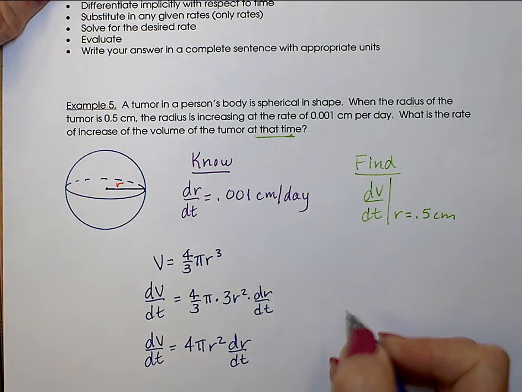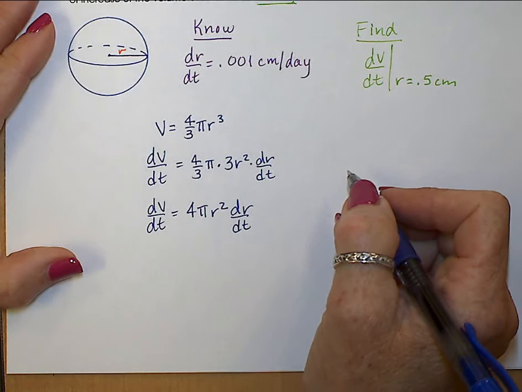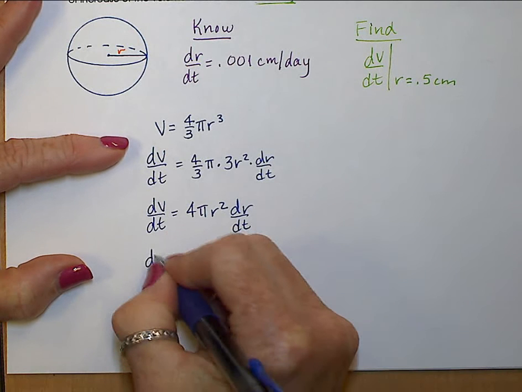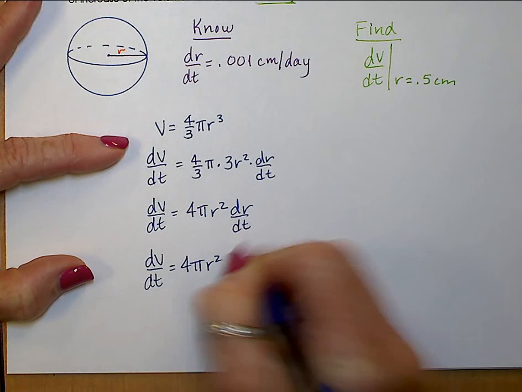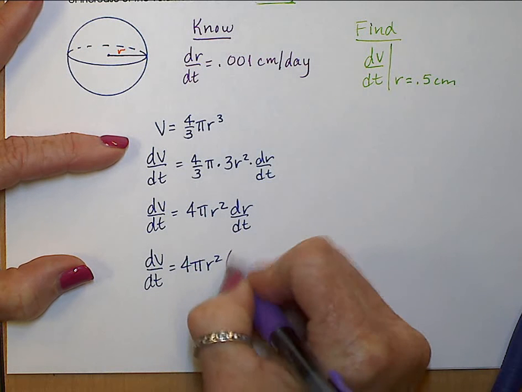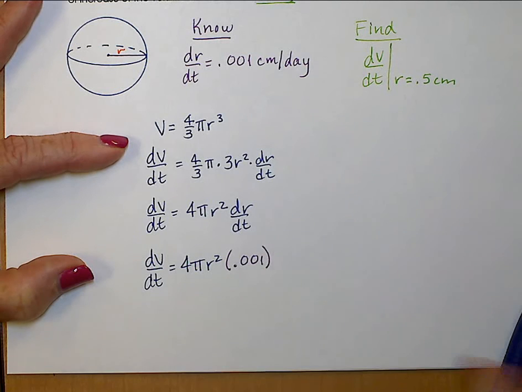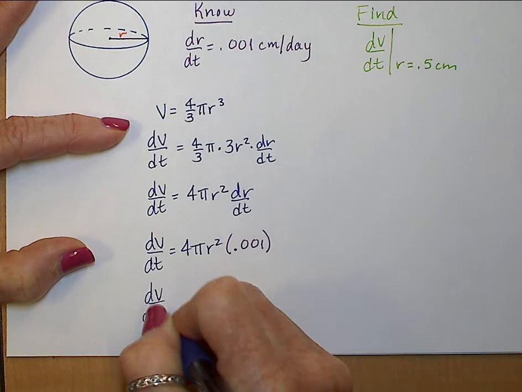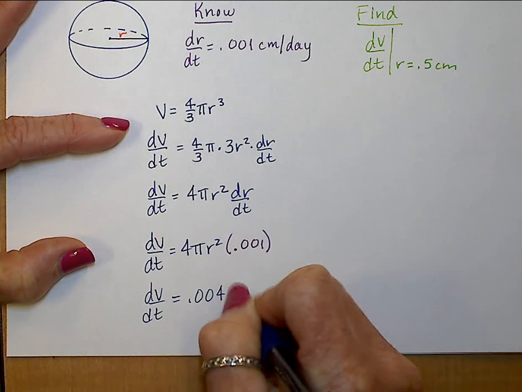Now substitute in any rates and only sub in the rate that you know. dV/dt is 4 pi r squared times dr/dt, that rate we knew, and simplifying, dV/dt is 0.004 pi r squared.